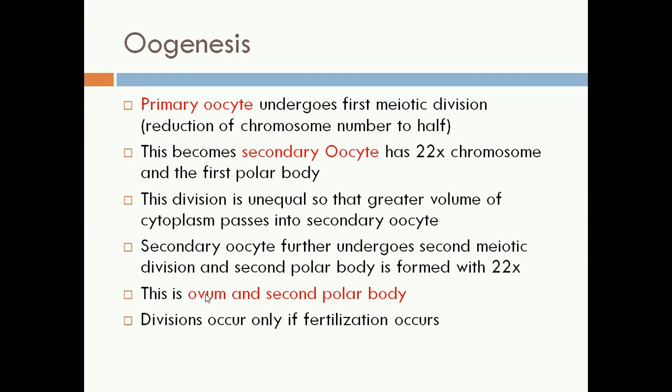So the primary oocyte turns into a secondary oocyte by the first meiotic division, and thereby it has 22 X chromosomes with one polar body. What is this polar body?